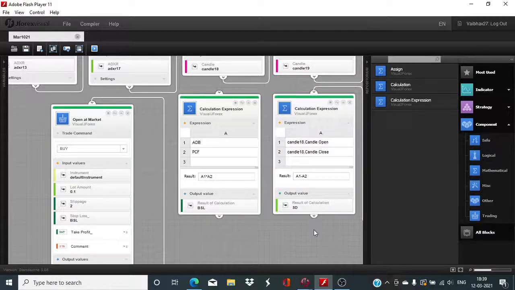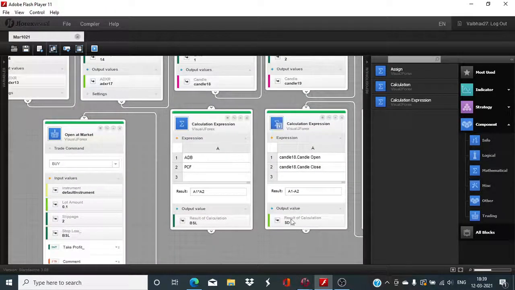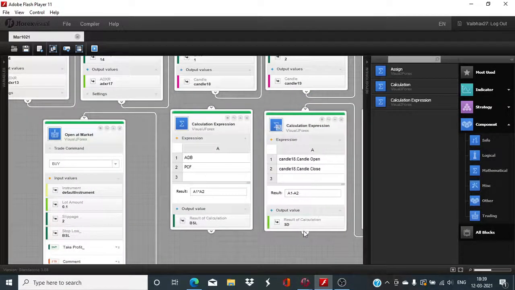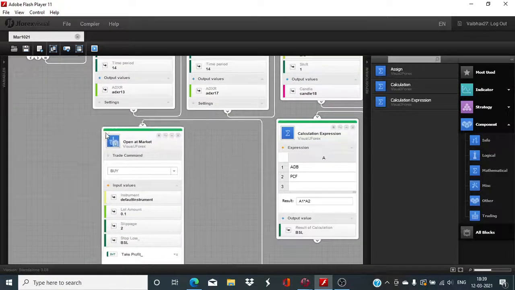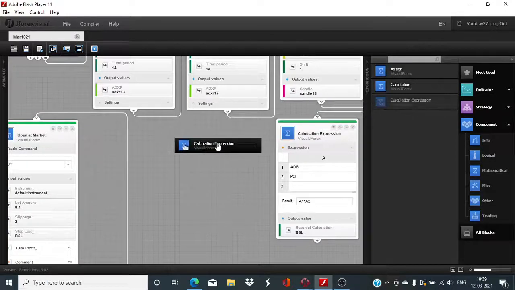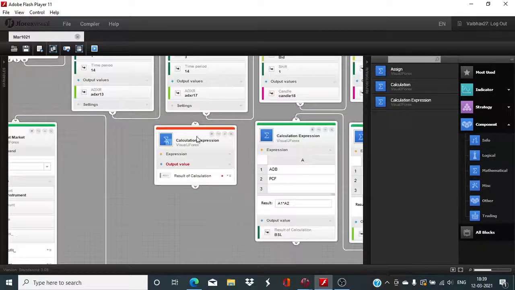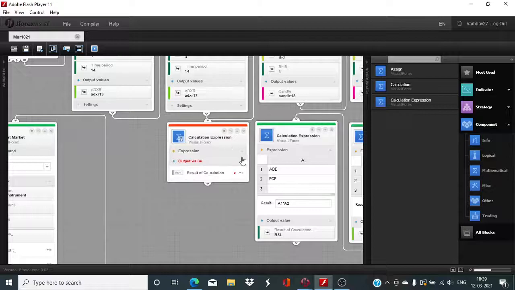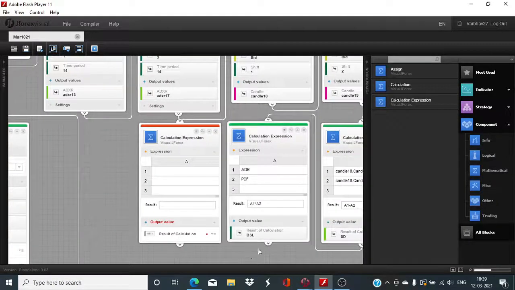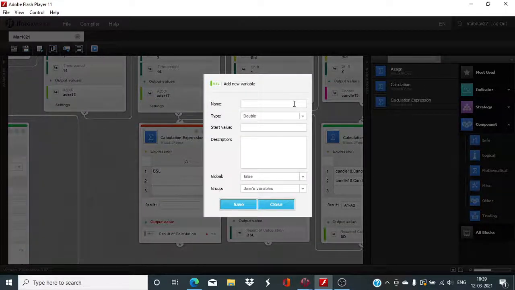and the take profit is going to be simply twice the stop loss. So again, whatever is the result of this calculation, we will simply take that, create a new variable, take profit conversion factor, which is going to be 2.